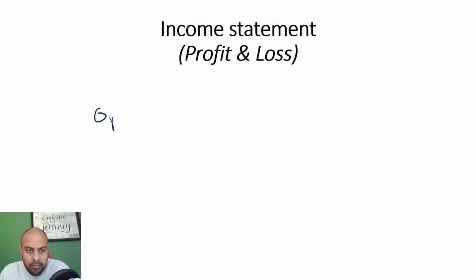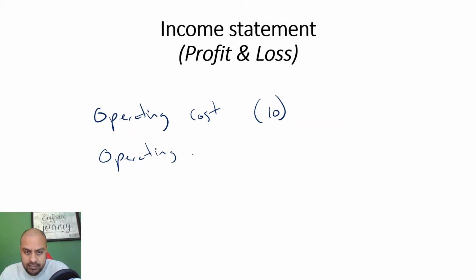Let's say our operating cost for our lemonade stand is 10. I'll just put in brackets to represent a negative. That leaves us with an operating profit of 35, because in the previous part our gross profit was 45, so we've minused that off.